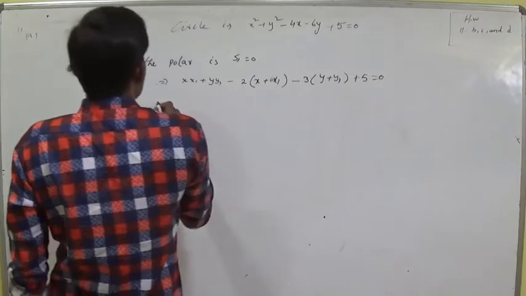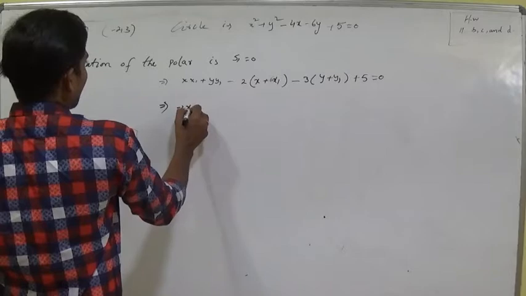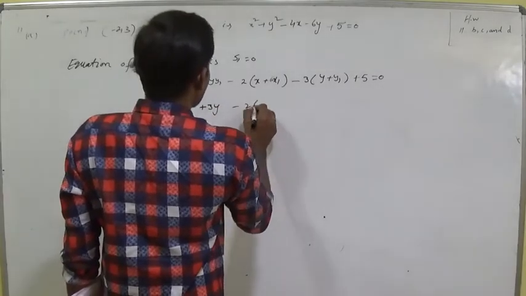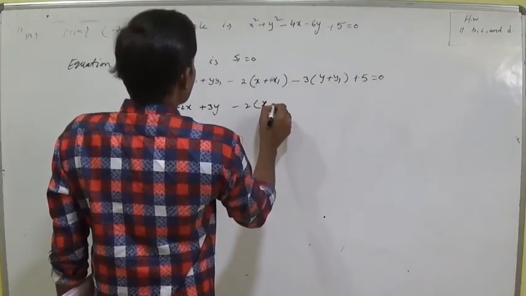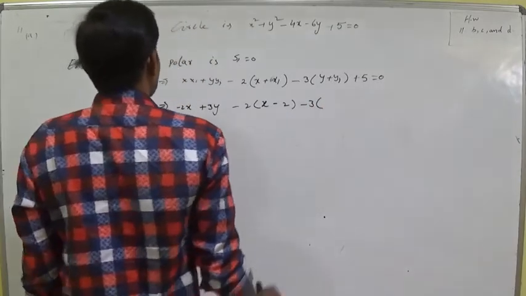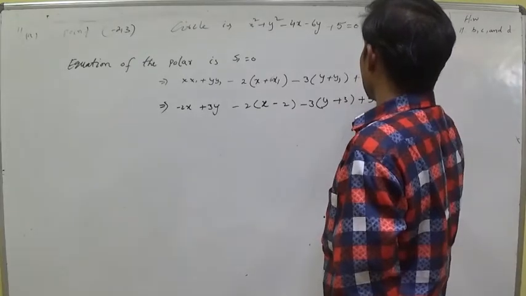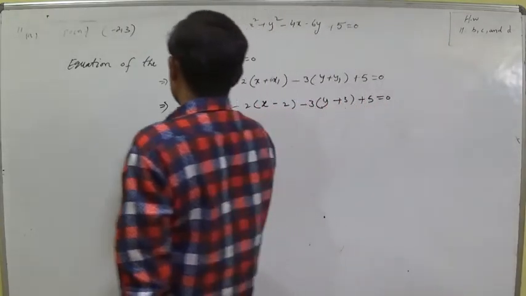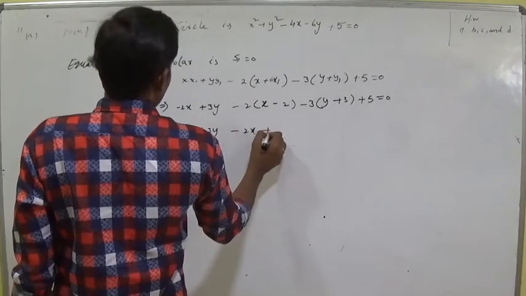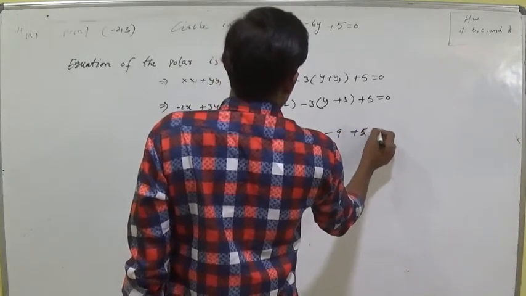So the point x1, y1 is here -2, 3. So minus 2x plus 3y minus 2 into x minus 2 minus 3 into y plus 3 plus 5 equal to 0, which implies minus 2x plus 3y minus 2x plus 4 minus 3y minus 9 plus 5 equal to 0.